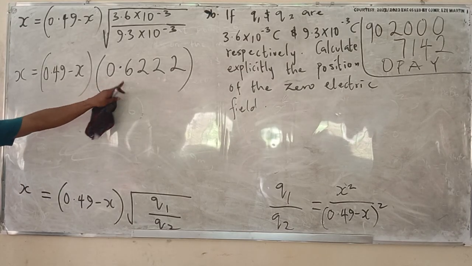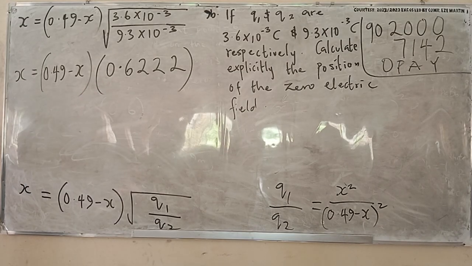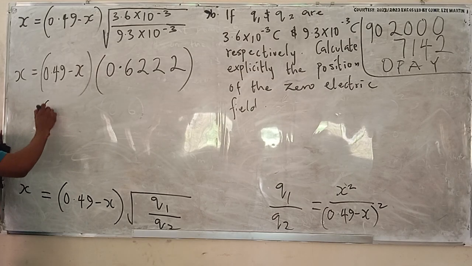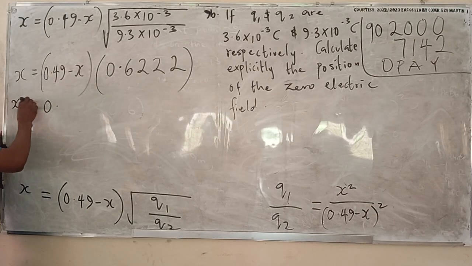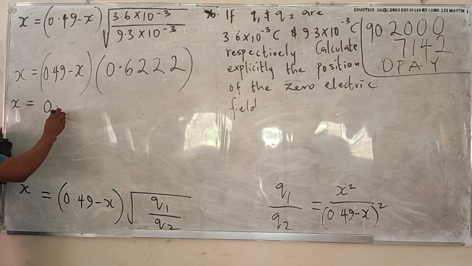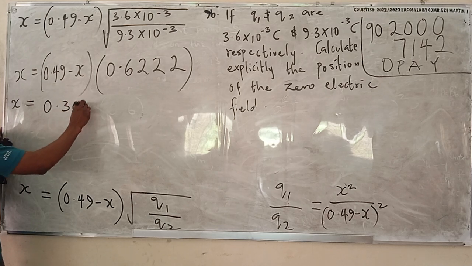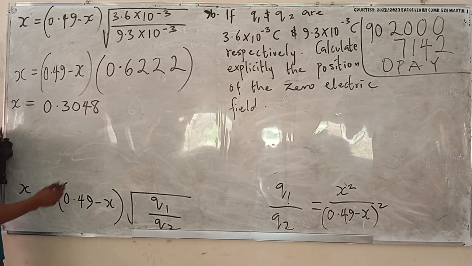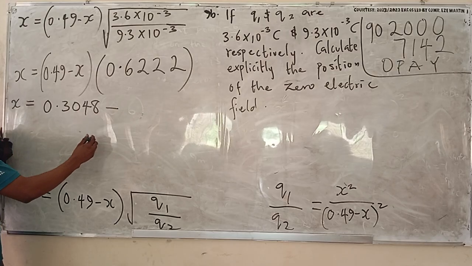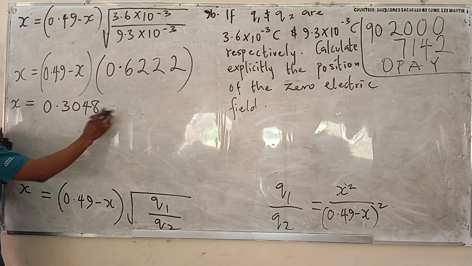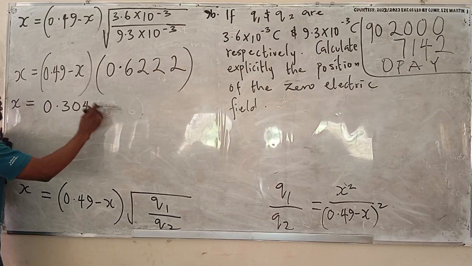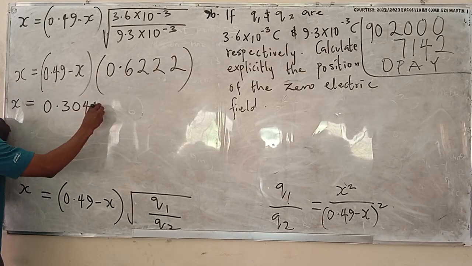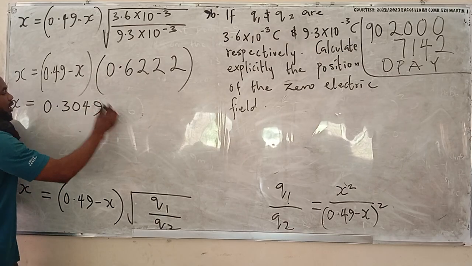Do for me 0.622 times 0.49. 0.3048. Minus of that? 0.49. Okay, I'll still put 0.49 here. No, across that is 0.4878? Okay, thank you.